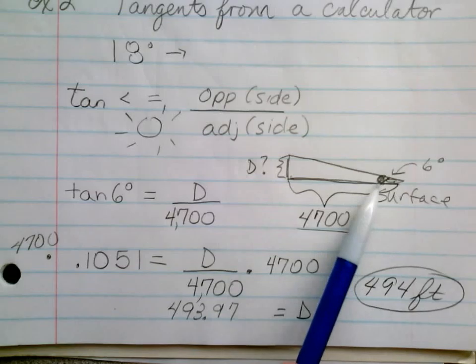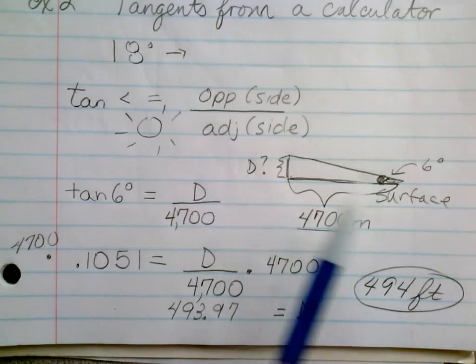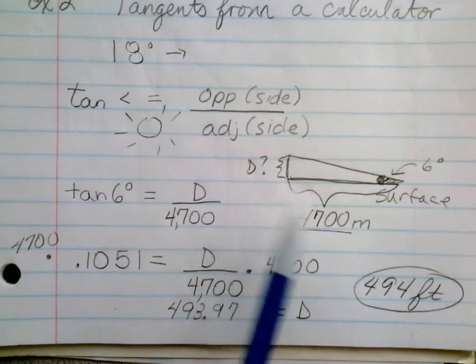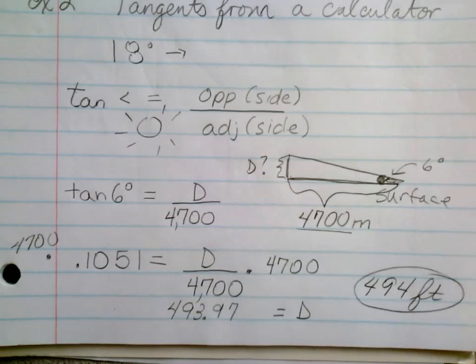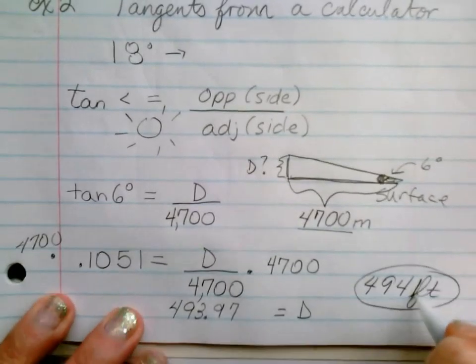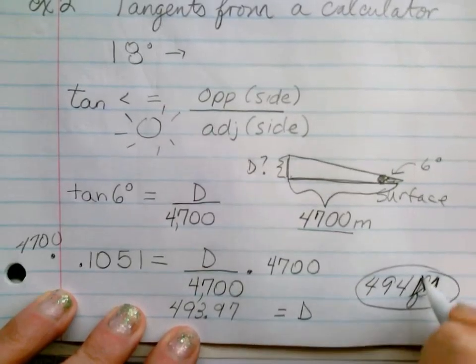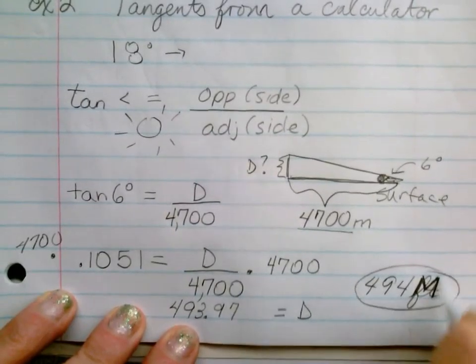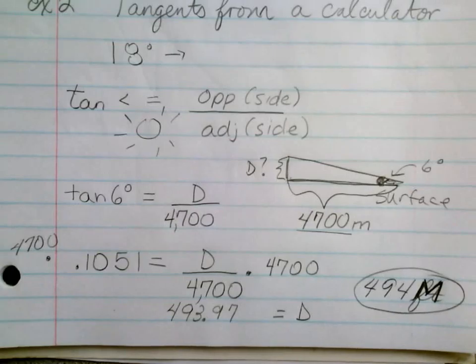You would use the tangent of the angle, opposite, adjacent, and solve for whichever one you were missing. Say again? I'm sorry, meters. Well, that is the end of this.